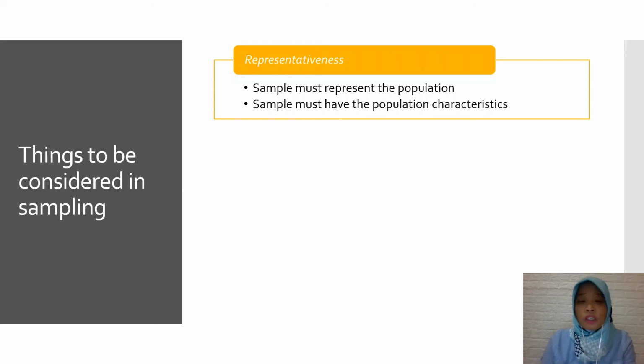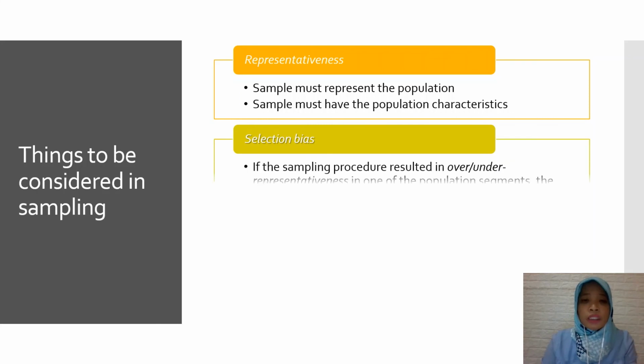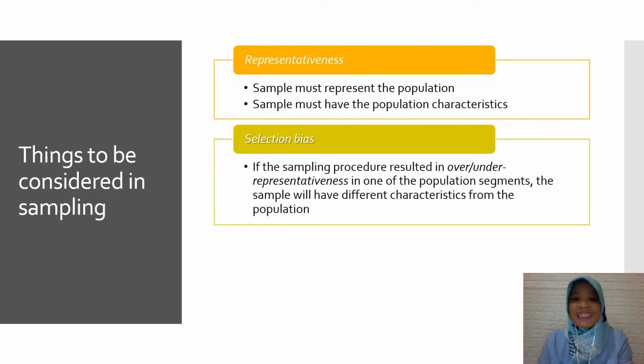So it's not always easy, and we tend to fall into this. And then the next one is selection bias, especially when we are using convenience sampling.